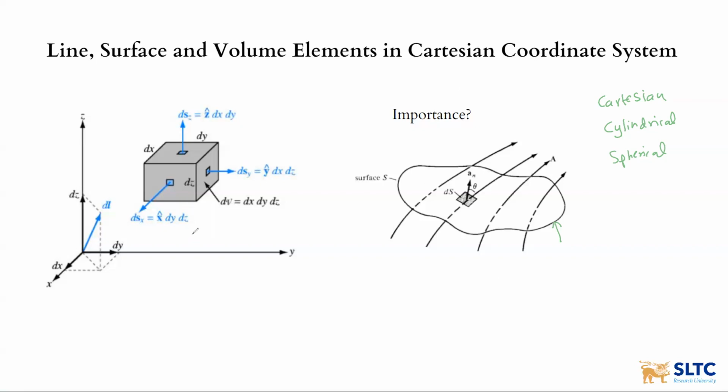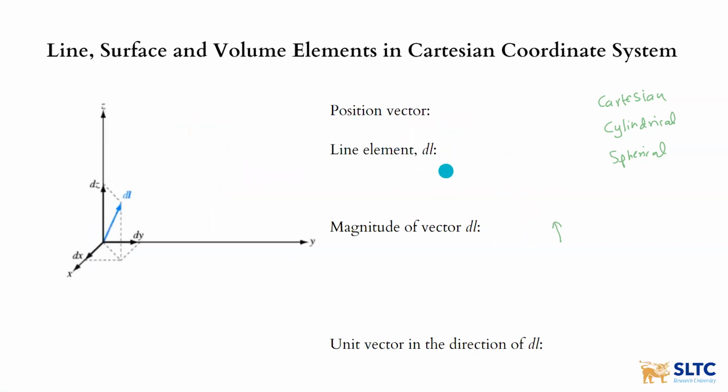So in the Cartesian coordinate system, we can define the line element, surface element, the position vector, and so on, right? So let's try to define those things one by one. First, the position vector. If there's a point in the space x, y, z, what is the position vector of that point?